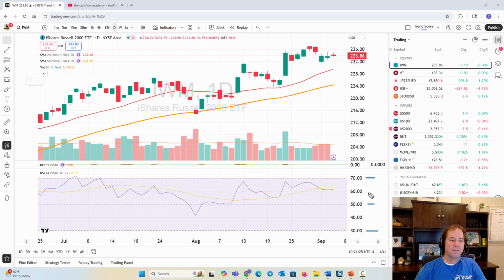Anything between 50 and 70 is considered a signal of strength. The asset is stronger. Any reading between 50 and 30, and we could say, well, it's in a weaker state. So that 50 line is kind of a dividing line between whether you're strong or weak, right?